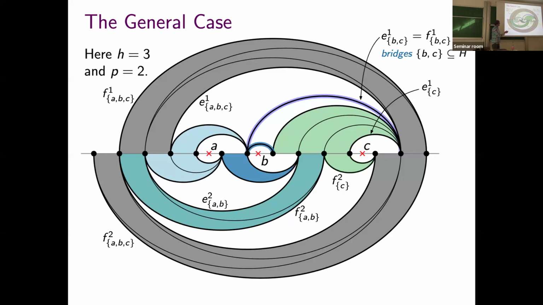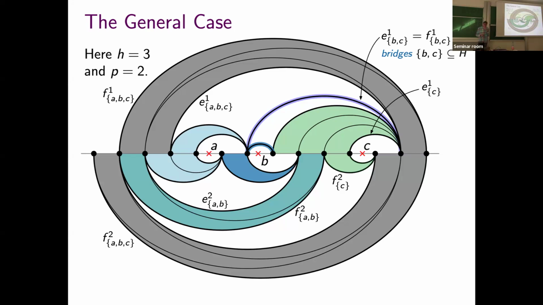Okay, so we say an edge bridges a certain subset of the hitting set if it goes across these. This one would not bridge C, because I can extend the hitting set to B and C. So it bridges only B and C, not B and not C by itself.